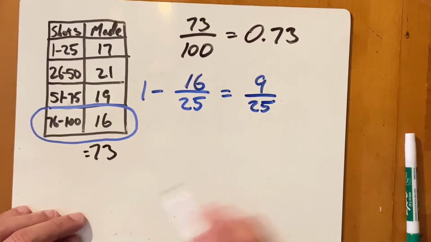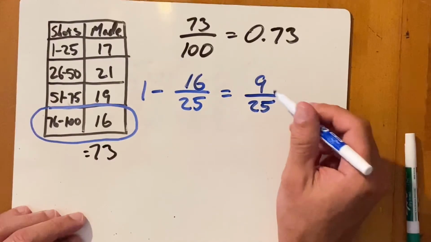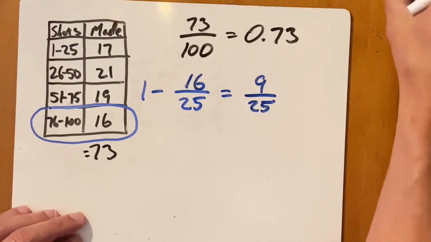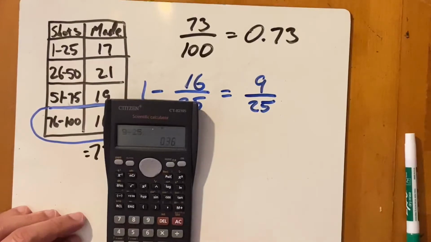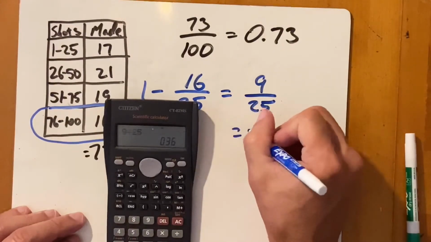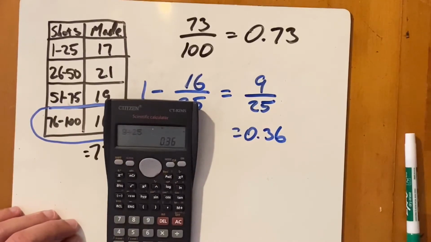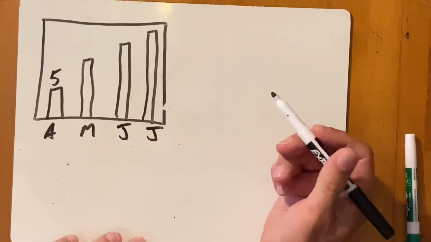That is your experimental probability of how many they missed. So you can do 9 out of 25, or put that into decimal form and you end up with 0.36.